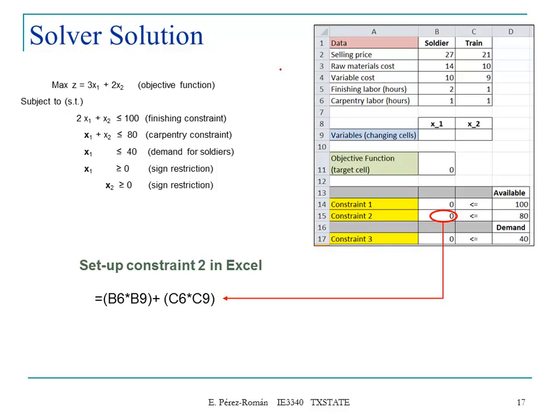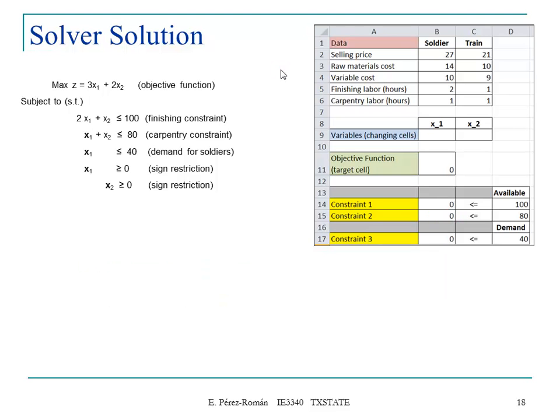So again, you multiply the carpentry constraint B6 times B9, this part, plus C9 times 6, right here. And the last one is just x1 less than or equal to 40. So you just have to put the value of the cell corresponding to x1, which is B9.